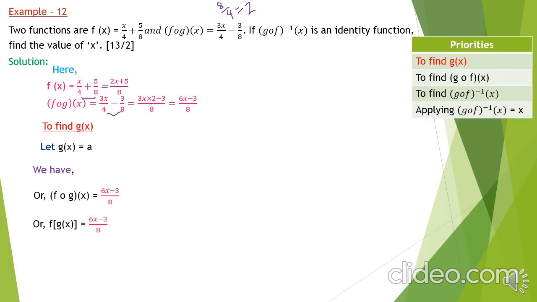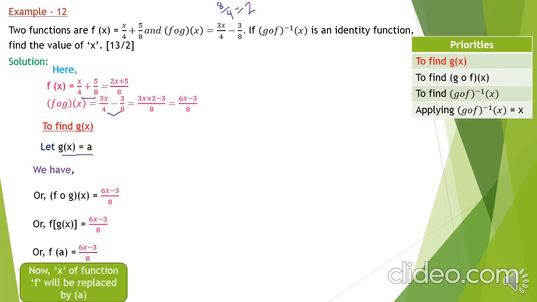Now gx, the value, it is defined as a constant function, so gx will be a. Now f a is equal to 6x minus 3, and now x of function f will be replaced by a, so 2a plus 5 by 8 is equal to 6x minus 3 by 8. 8 and 8 will be cancelled, then it will be 2a plus 5 equal to 6x minus 3.